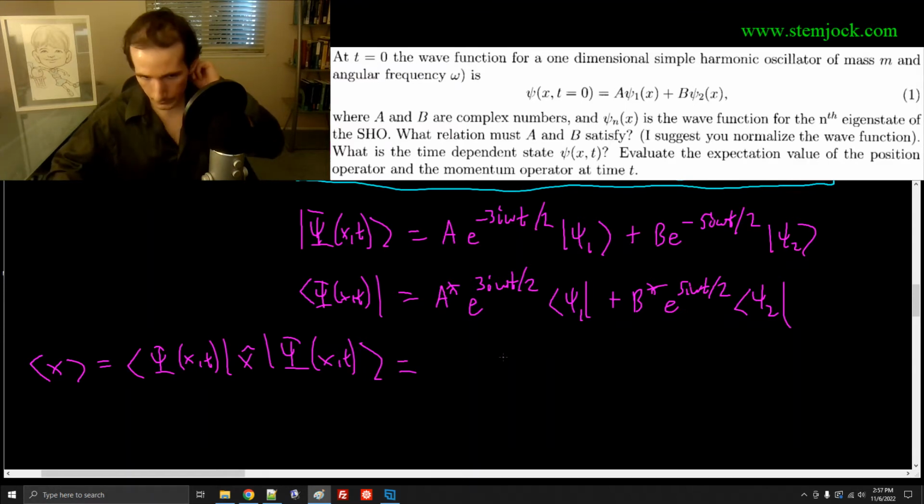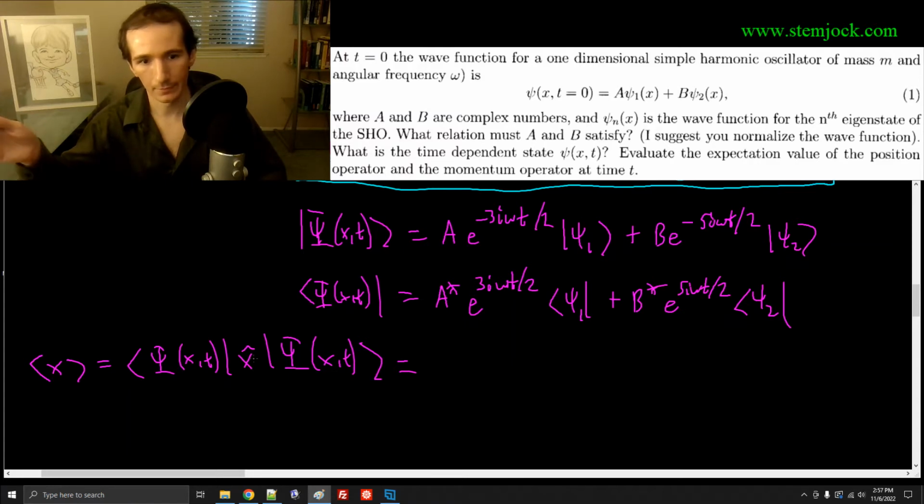Now, we could just replace x hat with x and evaluate the integral, but again, that would be very time consuming, because psi(x,t) is in terms of psi_1 and psi_2, and the integration would be a mess.